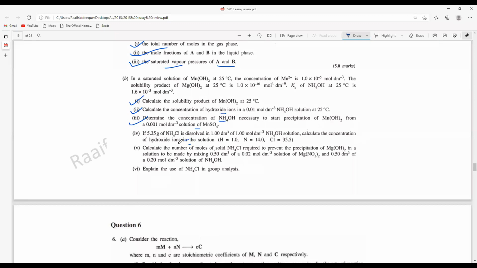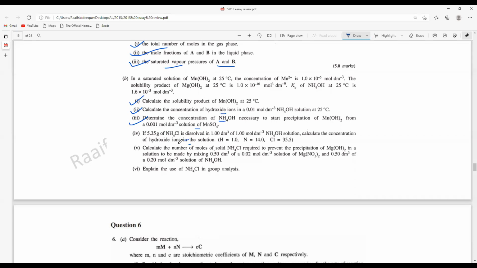So typically here it is a case of the Kb, same Kb, but they are asking about a common ion effect, right? So if I draw again the picture, what they are going to do here, they have a solution like this, and we have 1 decimeter of this, and the concentration of ammonium hydroxide is 1 m.